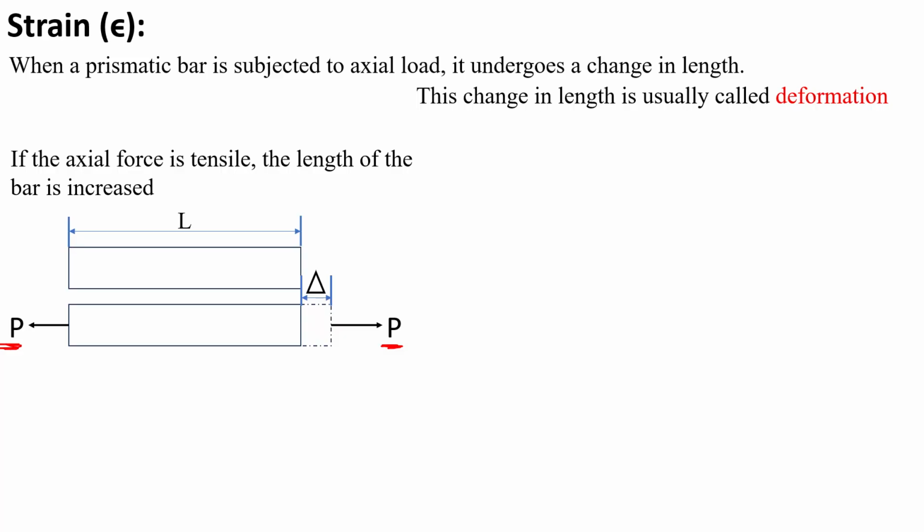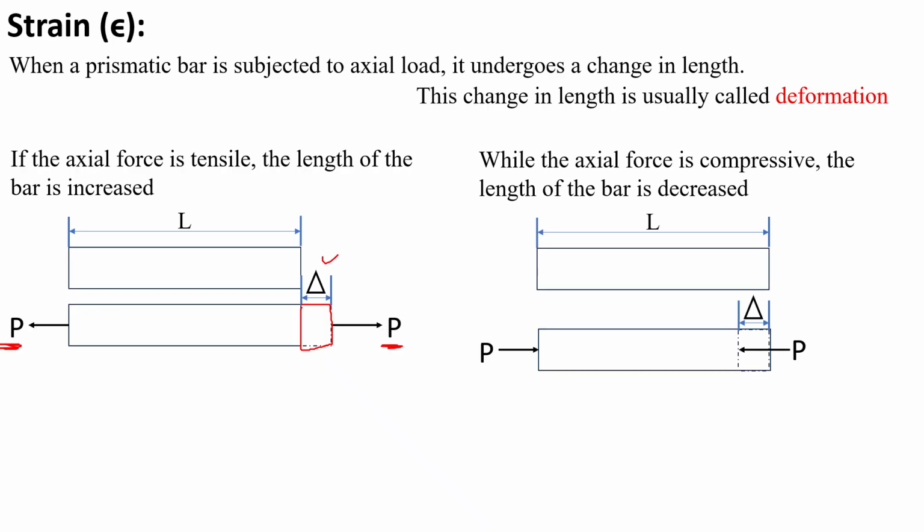Due to the tensile forces, the length of the bar is increased by delta. Similarly, when the axial force is compressive, the length of the bar is decreased. See in the diagram: here we are applying compressive forces. Due to these compressive forces, the length of the bar is decreased by delta.